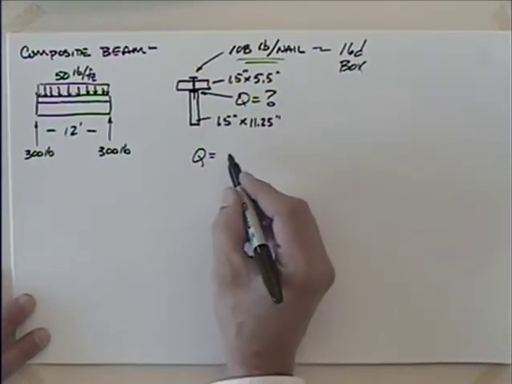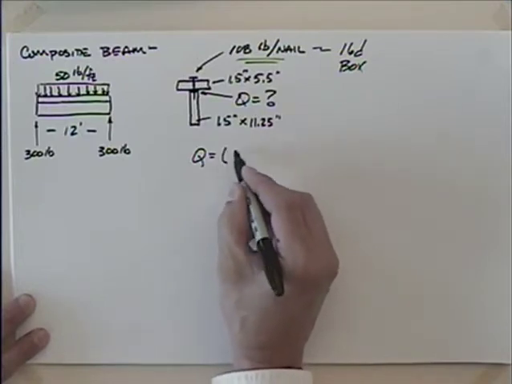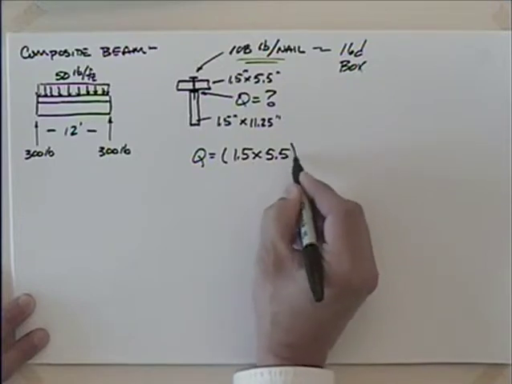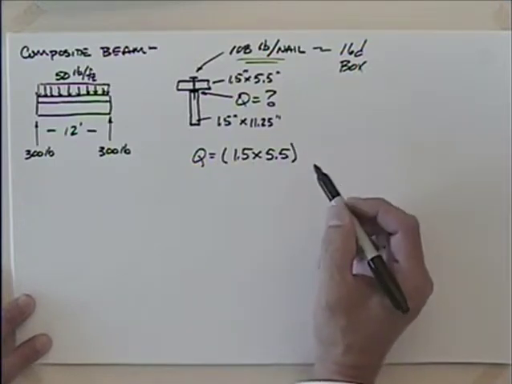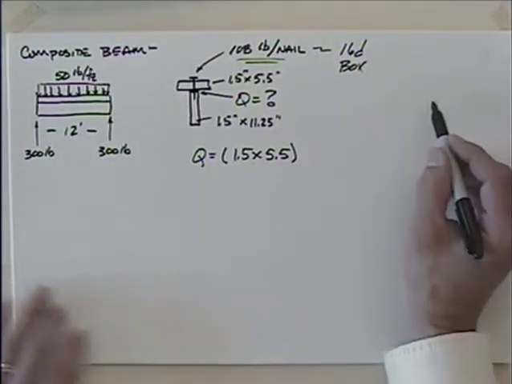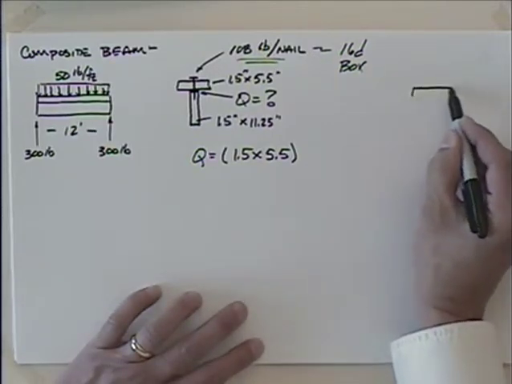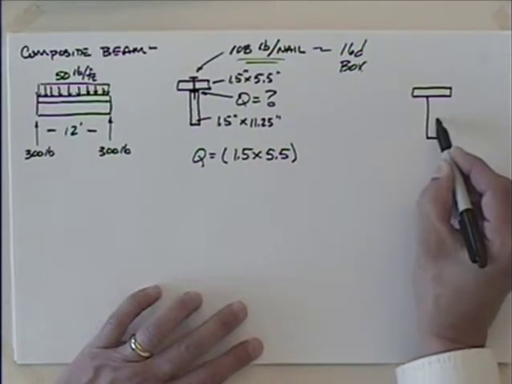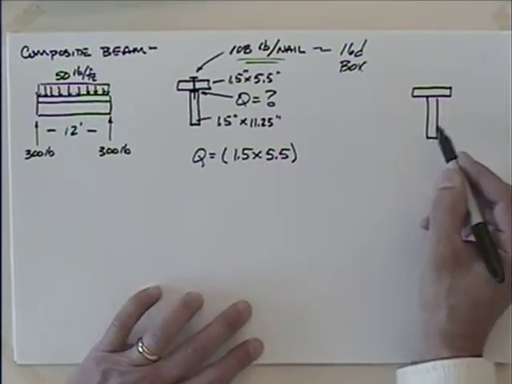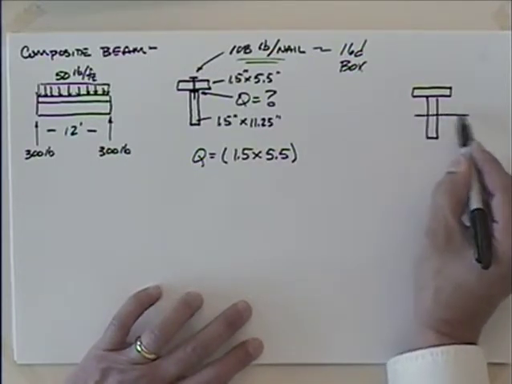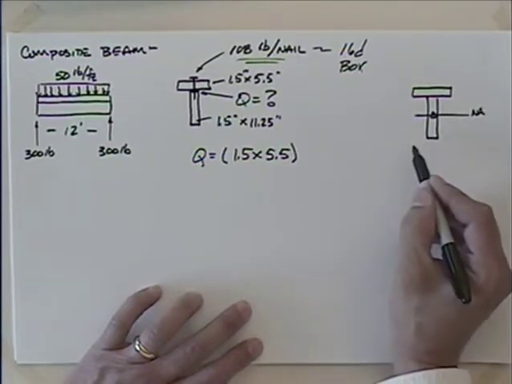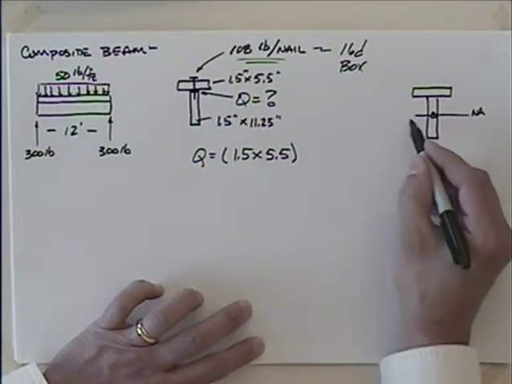Well, the area above it is the area of the 2x6, so 1.5 times 5.5. And then the distance to the centroid. Well, if you go through the centroid on this, and I'm not going to reproduce all of this again, but if you look at this, the neutral axis, the centroid on this, is 7.72 inches up from the bottom.